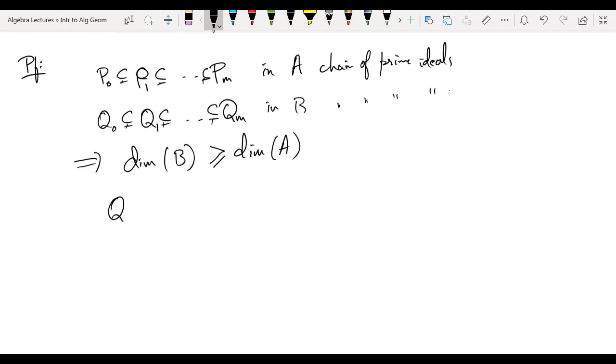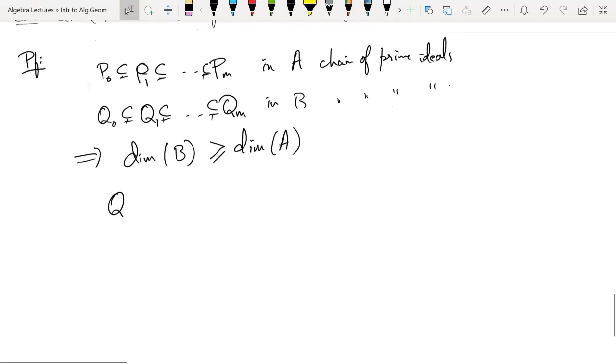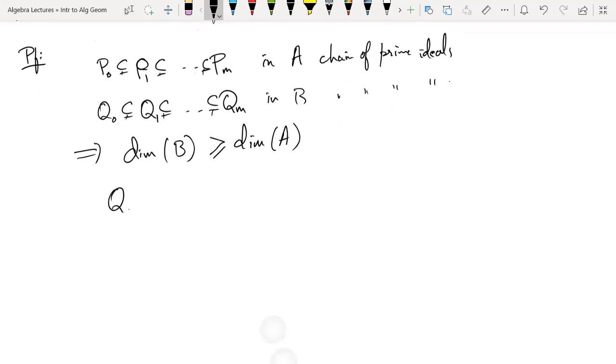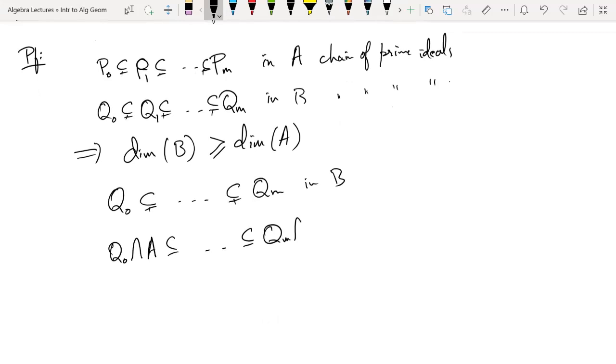So if you start with some chain of prime ideals in B, strictly increasing, then of course the intersection will give you a chain of prime ideals in A.